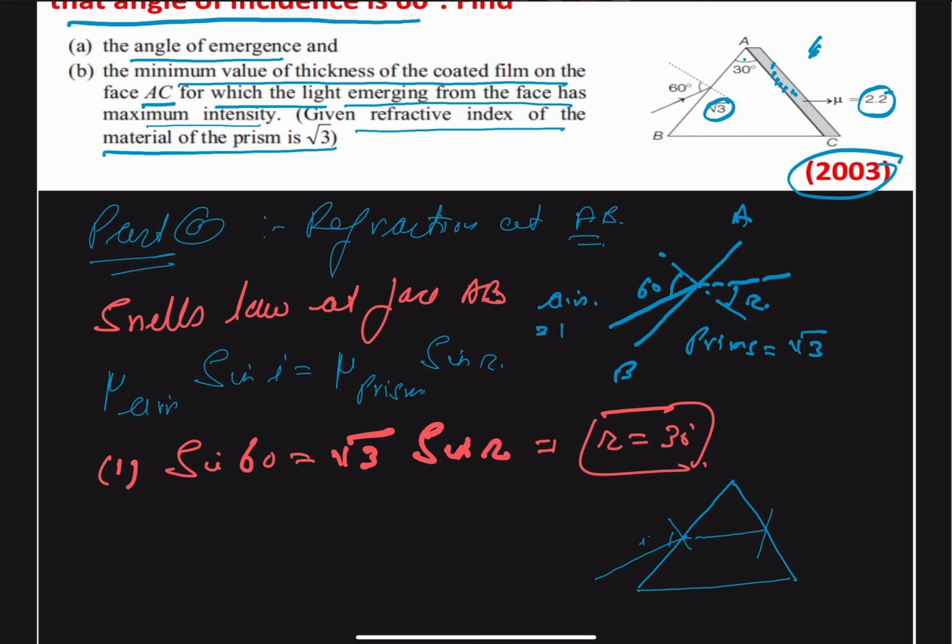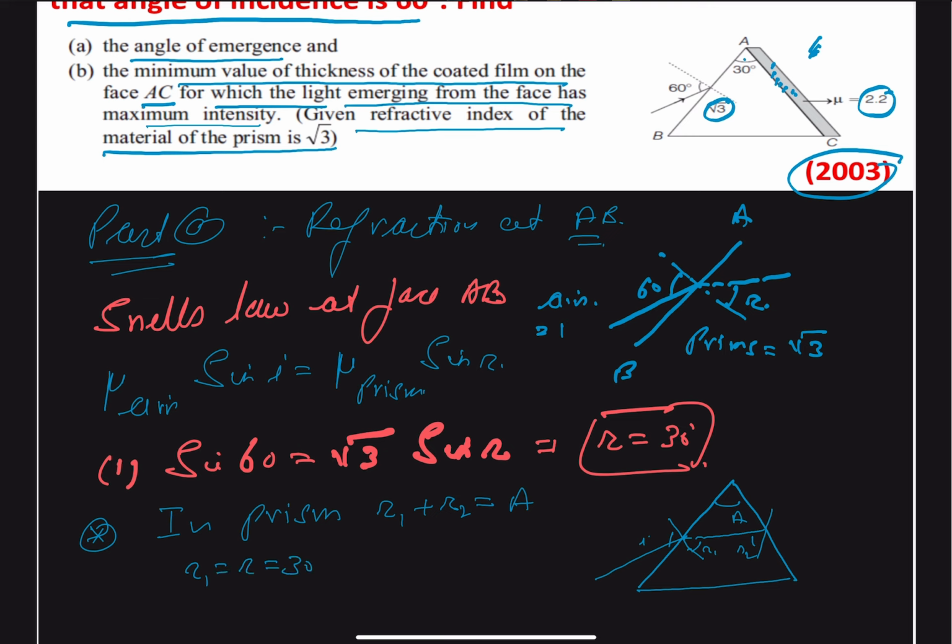So let us suppose this is R1 and this is R2 and this is the angle of prism A. We already know that in a prism, R1 plus R2 will be equal to the angle of prism, that is our A. Here this R1 is nothing but our R, so we can say that R1 is equal to R, which is our 30 degree.